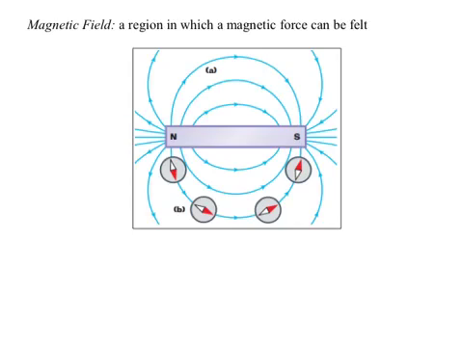Take a look. When you bring a compass, the north pole on the compass, the red is north, points toward the south pole because opposites attract. Very good, Gio. Opposites attract. So notice that was the Earth. And be careful, for the Earth, the north pole of the compass goes toward the north pole of the Earth.